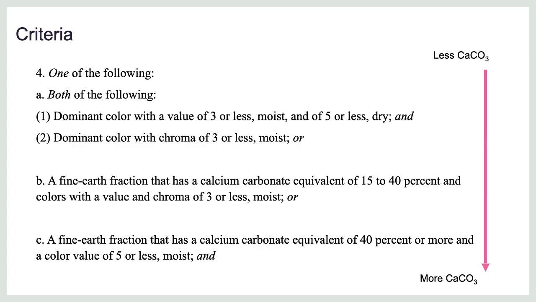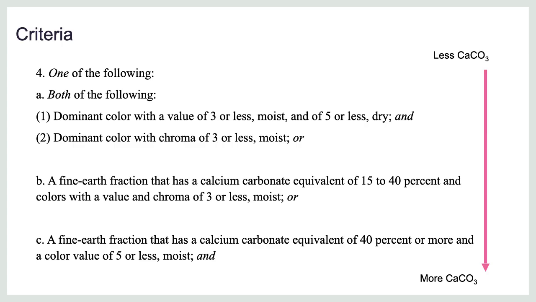Okay, if I register a higher content of calcium carbonate, for example between 15 and 40%, in this case the value and the chroma should be 3 or less when moist. And if I register a very high calcium carbonate content, for example equal to or higher than 40%, the value should be 5 or less.